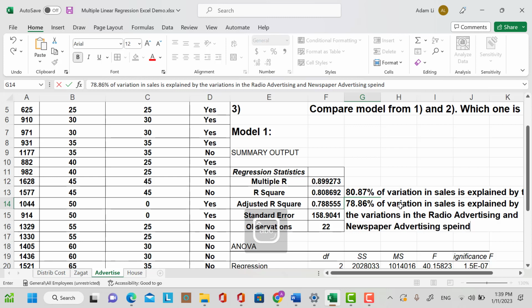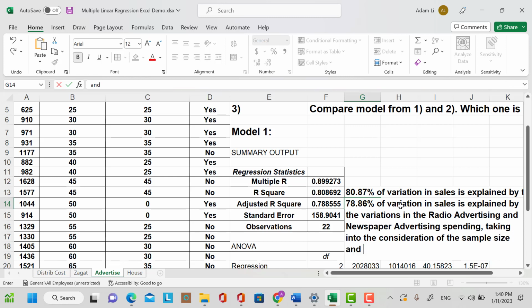And also, we're going to add another sentence taking into consideration the sample size and the number of independent variables.